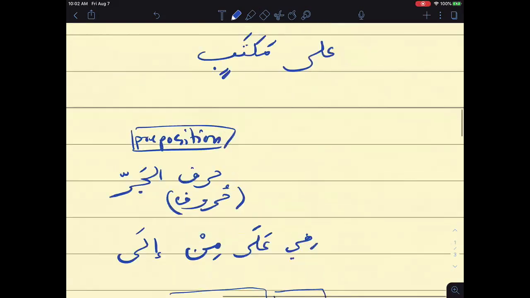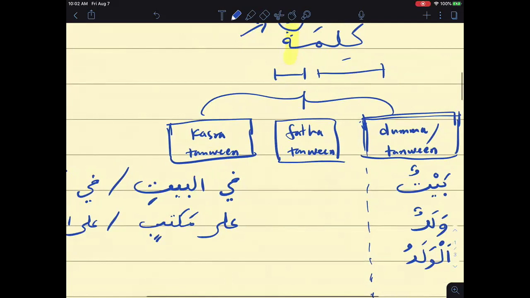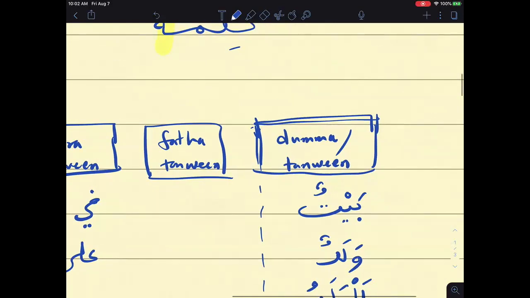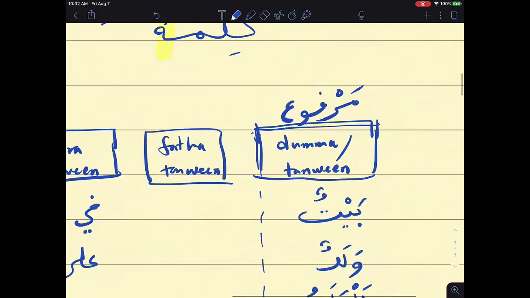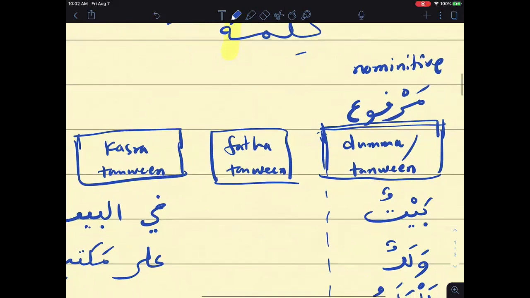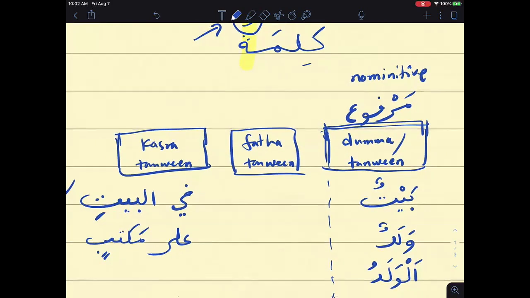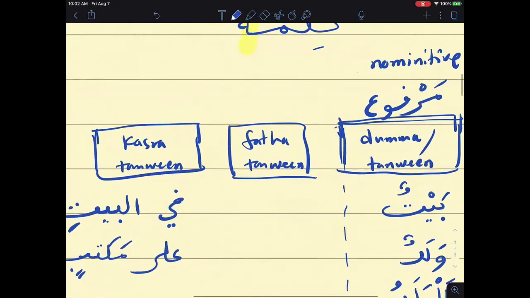I'll give it to you guys, you can handle it, inshallah. I'll just give you all the term names. The dhamma is called marfu, which in English we call the nominative case. You don't have to memorize these terms now, but you will be hearing them a lot, inshallah, and they will get into your head.